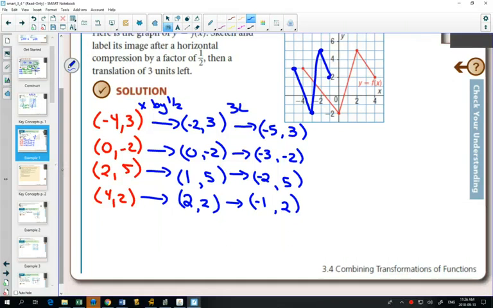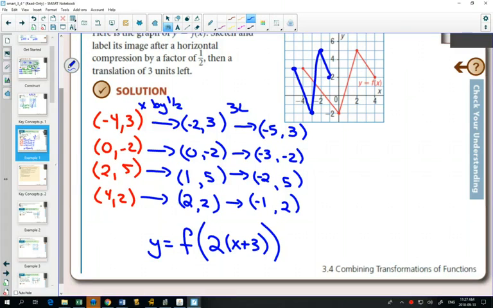Equation 1 looks like this. y equals, everything happens inside of the function. So I have x by half, and I remember that that means multiply by 2. And then I need to move things 3 to the left, and 3 to the left would show up as +3.